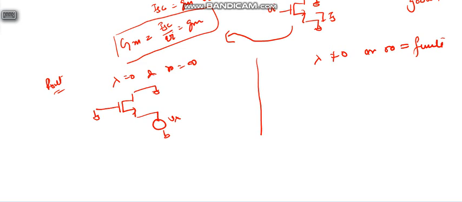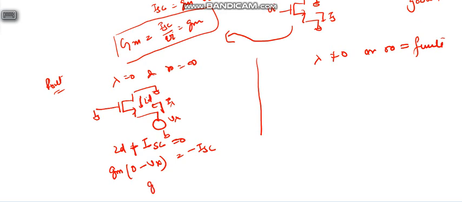So now say this is ID, this is Ix. ID plus Isc equals 0. ID is gm VGS, 0 minus Vx, equals minus Isc.